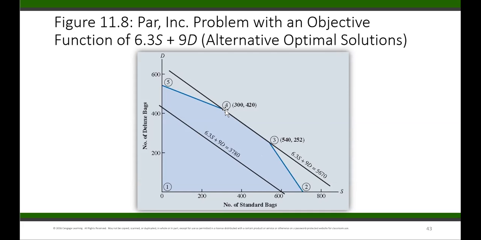But there are some ways that we can look for alternative optimal solutions and see if they exist. It's usually a good thing to have an alternative optimal solution because it gives more options to the decision makers and to the managers.